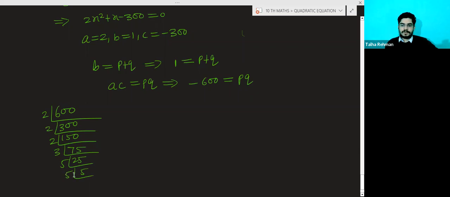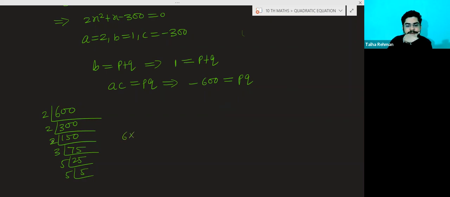But there is a challenge we have. We have to write 1 in the form of p plus q, and that pq, when multiplied, gives minus 600. We will check. How can we write 600?